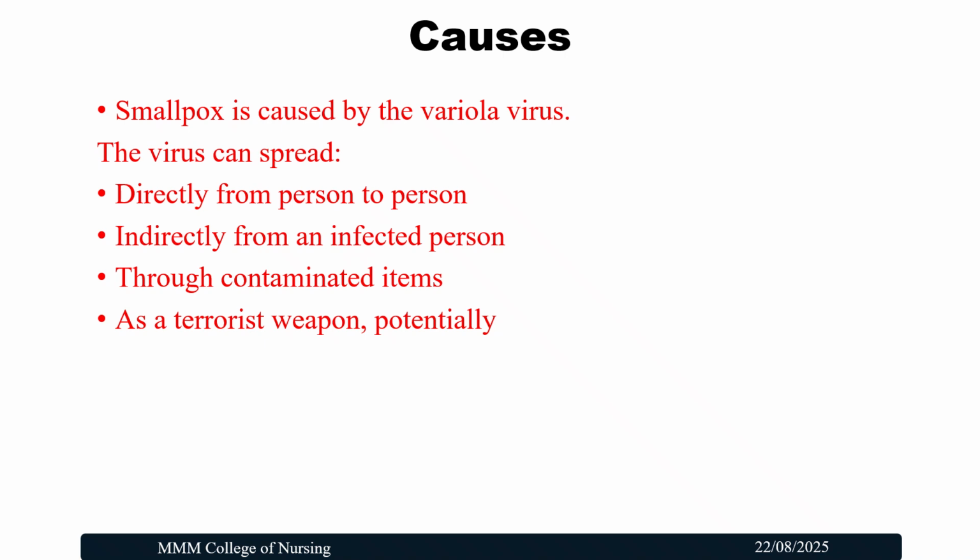And the fourth cause is potentially a terrorist weapon. Using smallpox as a weapon is an unlikely threat, but because releasing the virus could spread the disease quickly, governments are preparing for the possibility.